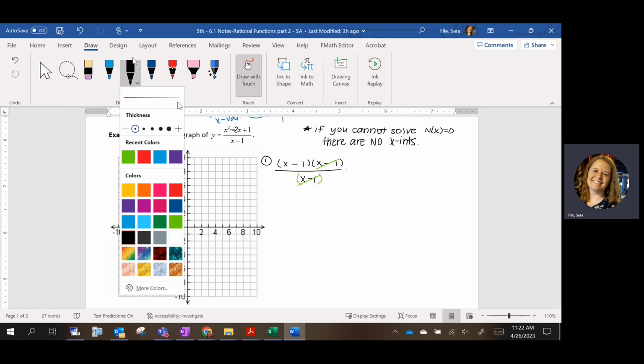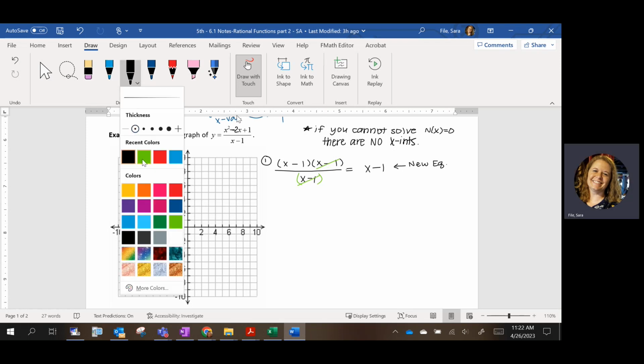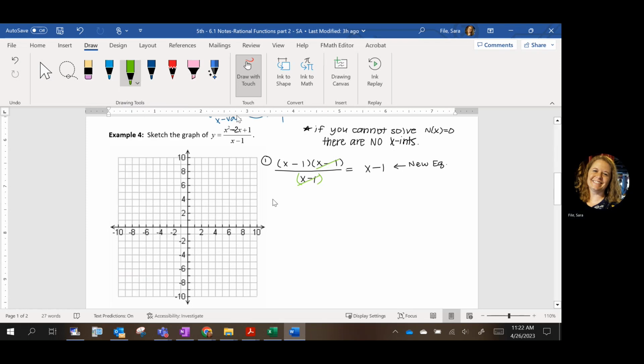Y'all with me? So this reduces to be just x minus 1. Okay, that's what I call my new equation. Okay, my reduced equation.